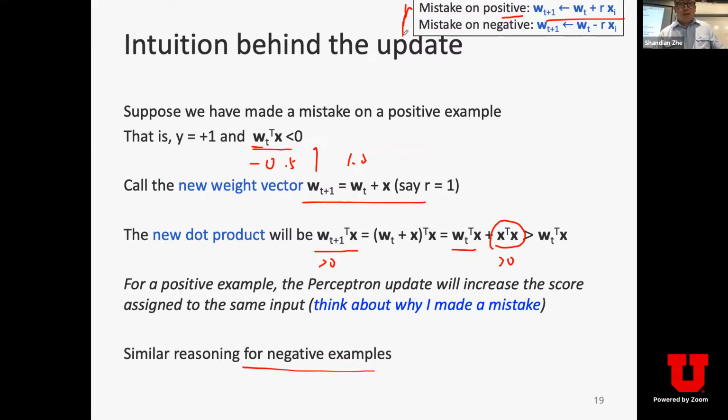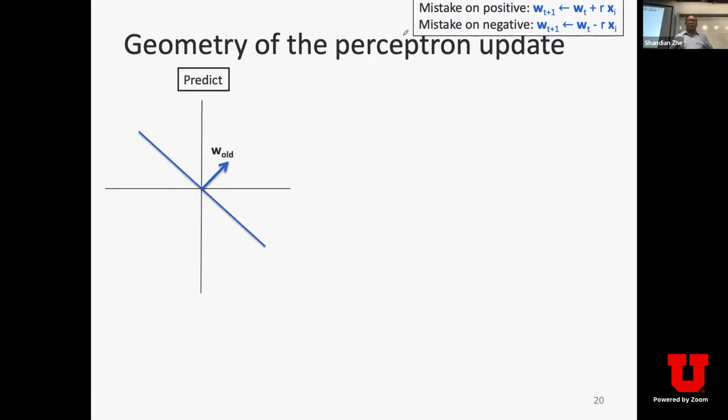Okay. Now we want to give some geometric view of the perceptron updates to strengthen our understanding of the algorithm's behavior. Suppose this is our current weight vector, denoted by w_old. We mentioned before that the weight vector is orthogonal to the classification hyperplane. So this is the classification hyperplane.